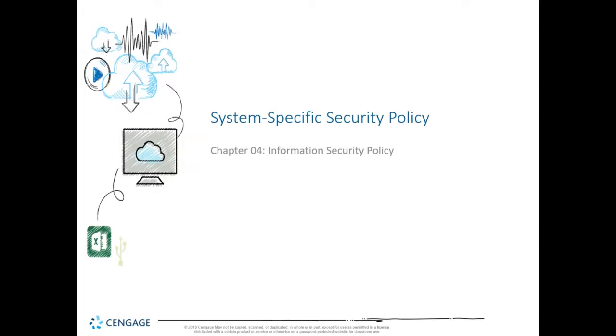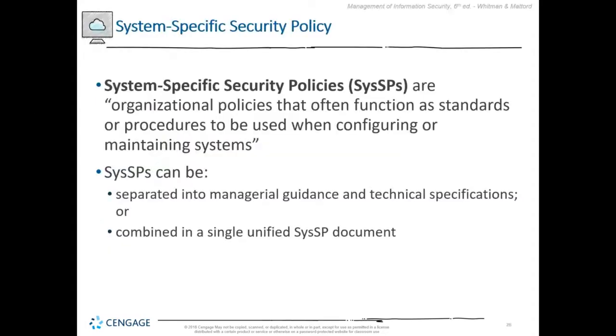Okay, next we're going to move into the system-specific security policy. These are similar to a set of standards or procedures that must be followed when dealing with a specific system. So think of these as organizational policies that often function as standards or procedures to be used when configuring or managing systems.